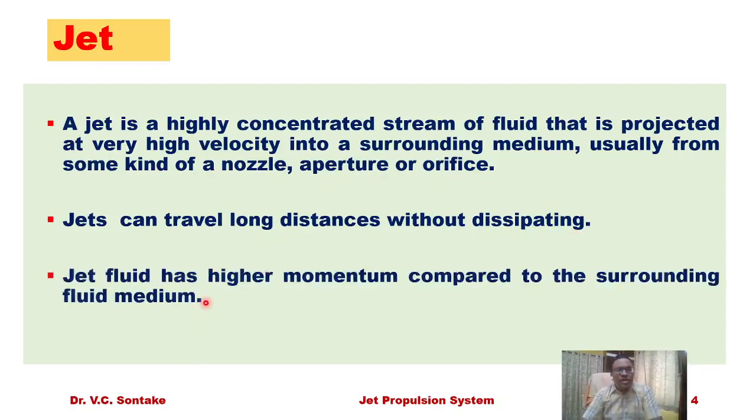And jet fluid has higher momentum compared to the surrounding fluid medium in which it is being ejected. Like we say a jet of gas, or water jet, or steam jet.